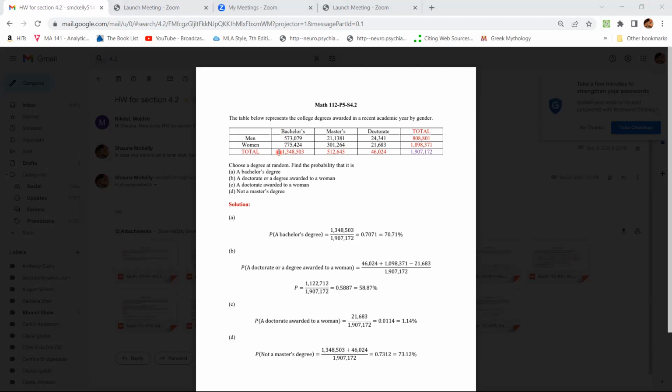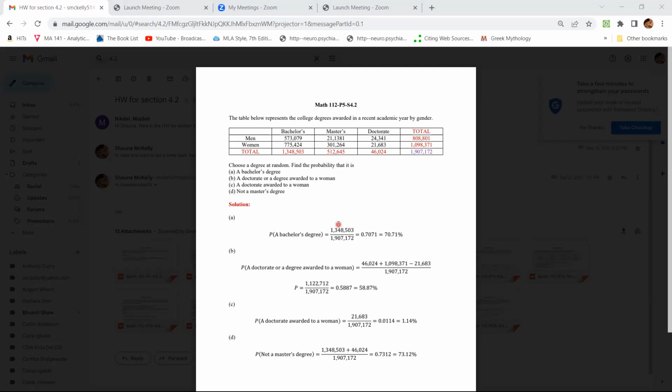1,348,503. And we're going to divide that by the total number of people in the sample. Well, the total number of people in the sample is 1,907,172.